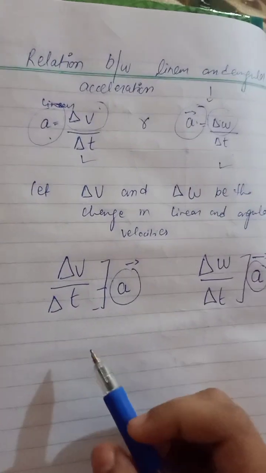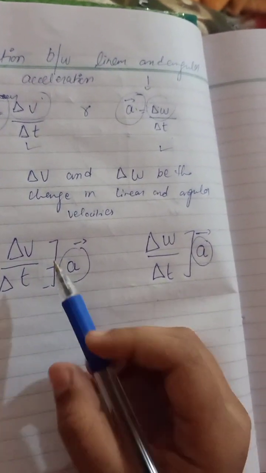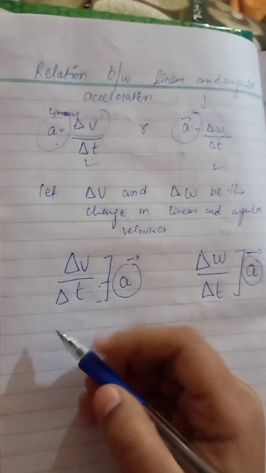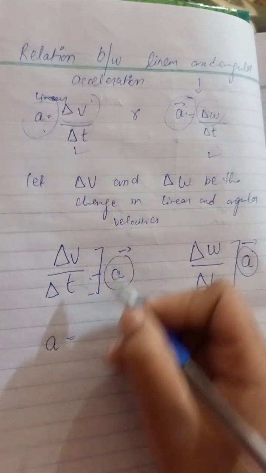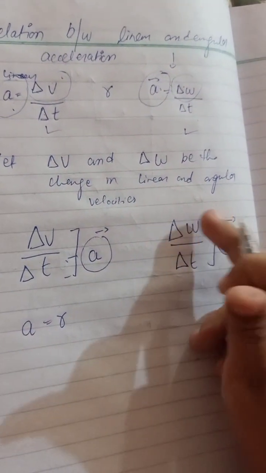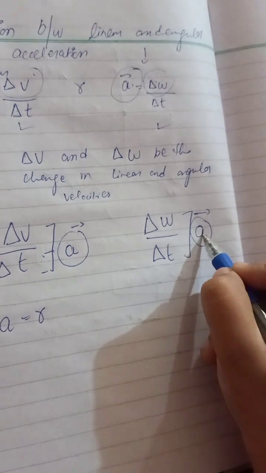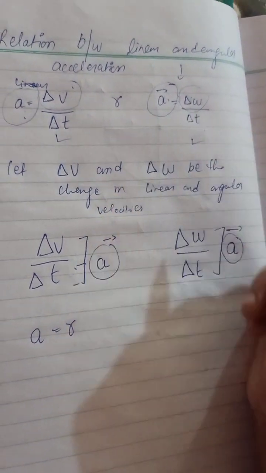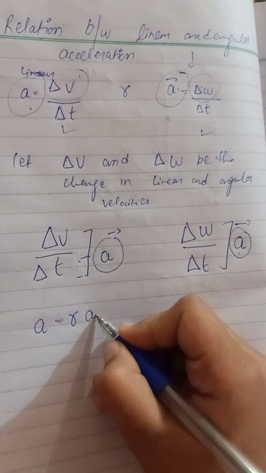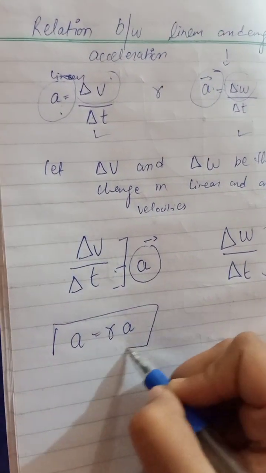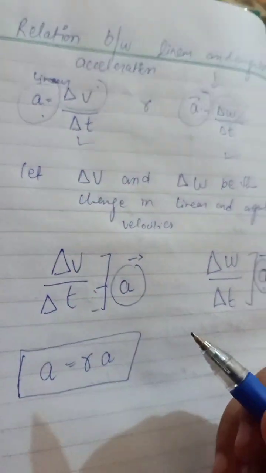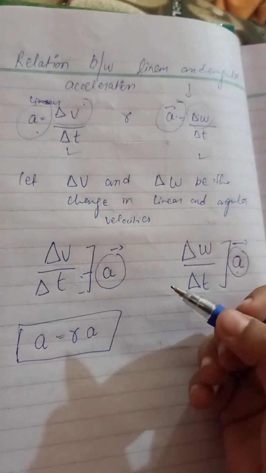Okay, so I can write here that a is equal to r, and we have considered alpha as the angular acceleration, so a equals r alpha. Okay, so this is the formula of the relation between the linear and the angular acceleration.